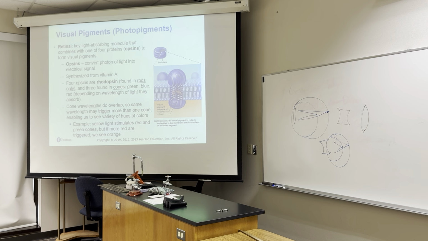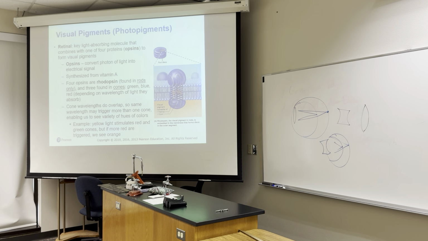This is the what? Your visual protein. Opsins form the visual pigments, and these opsins convert photons of light into electrical signals. We know that any information we receive, we receive with an electrical signal, which is hyperpolarization or depolarization. This is actually synthesized from vitamin A.